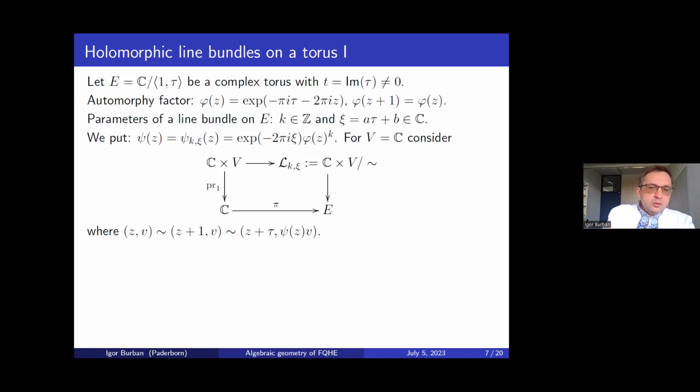Now it is not so difficult to observe that the fiber over each point of my torus can again be identified with the vector space V. In this way, I get a holomorphic line bundle on my torus E.